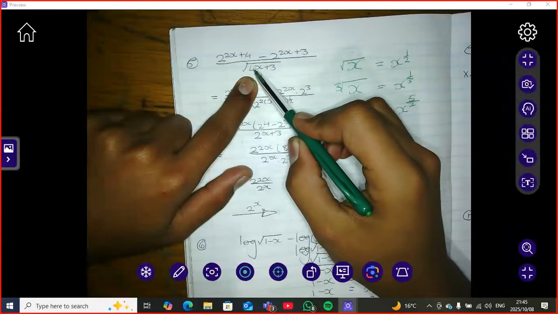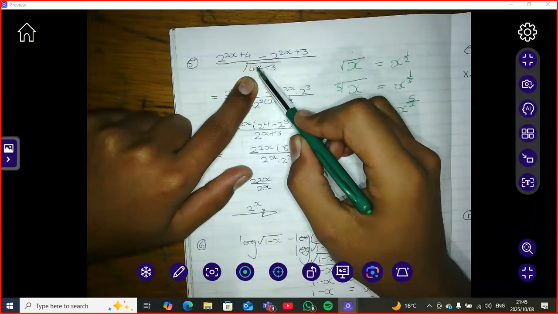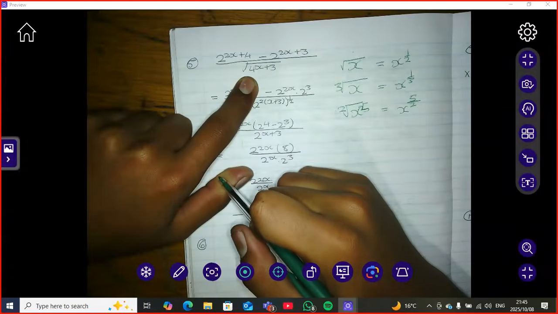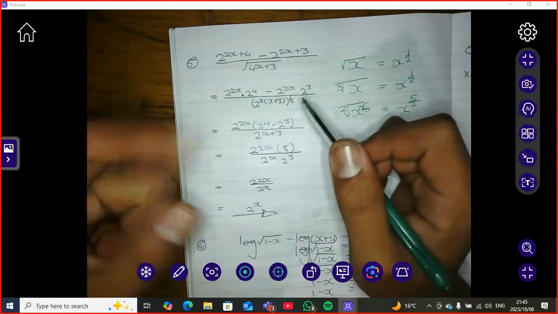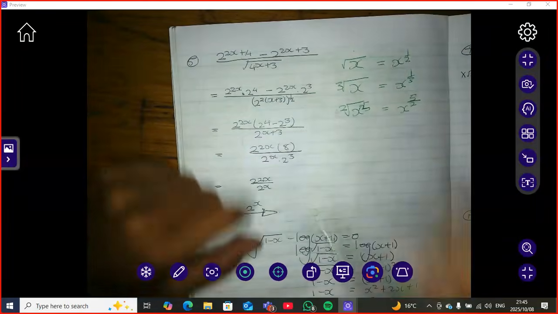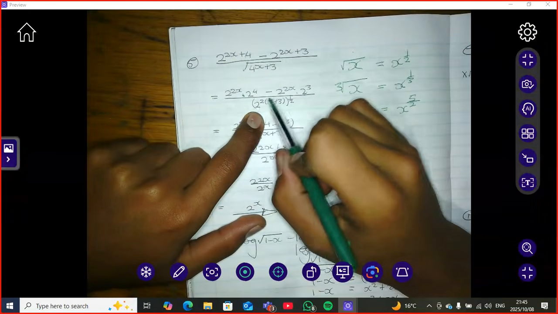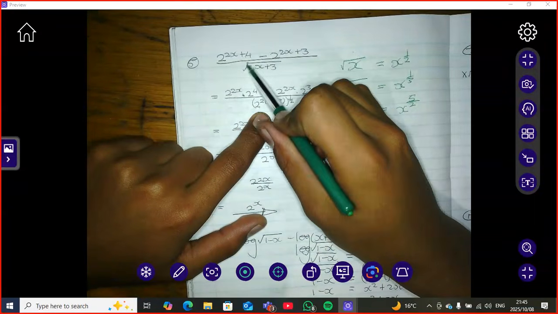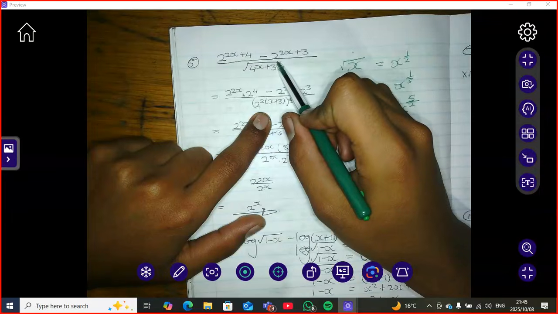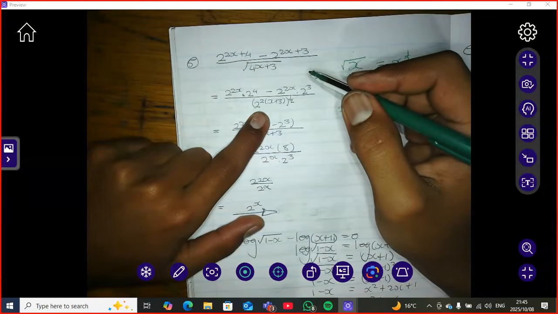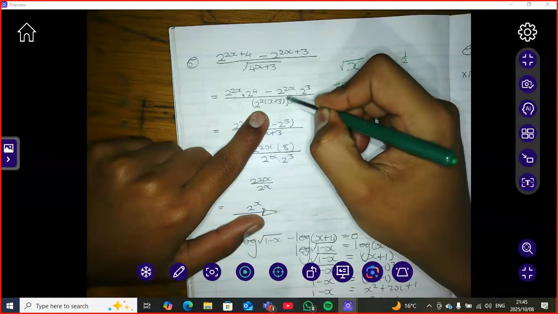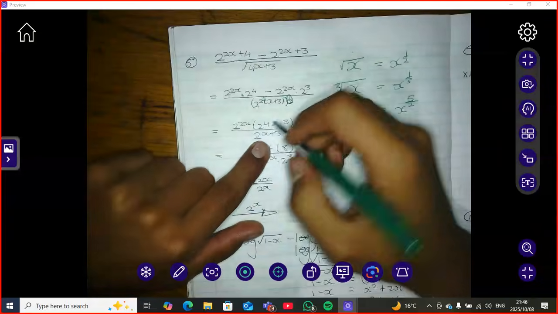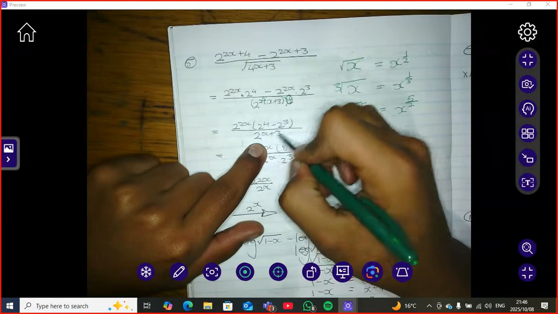So it becomes 2 to the power of 2x plus 6, technically speaking. Here's my 2 to the power of 2, in brackets, my x plus 3. Then my half is coming from my third over there, my square root. So this square root is going to multiply with that 2, and I'll be left with 2 to the power of x plus 3.